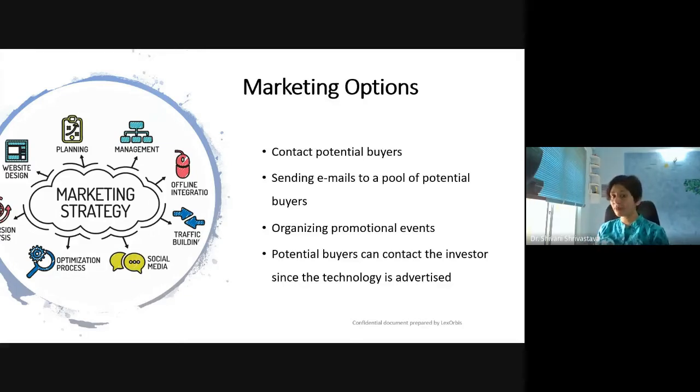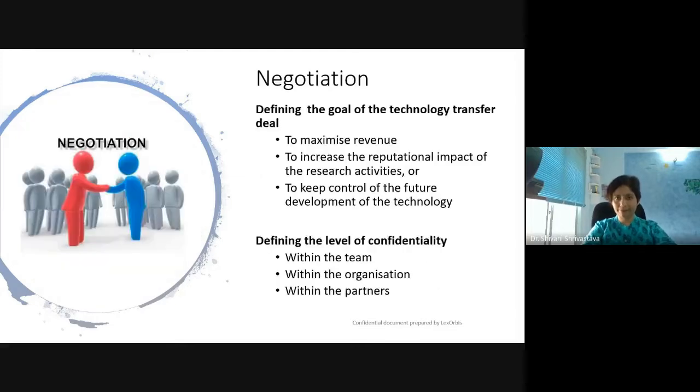You can organize promotional events where people can come and attend and they will get to know about your technology. If you are doing all these things, then investors or buyers will get to know about the technology. They can start communicating with you. They will tell you that they are interested and this can be taken forward for the next step.